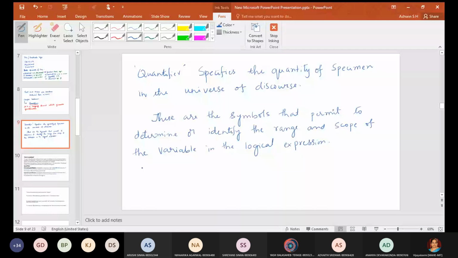So here the first one is the universal quantifier. The second one is the existential quantifier.